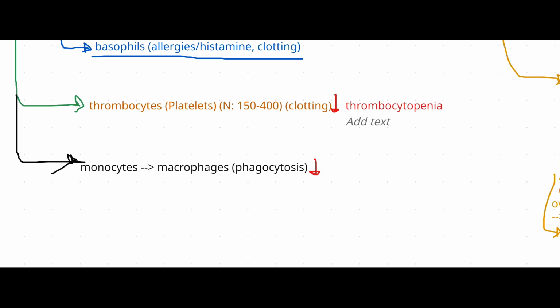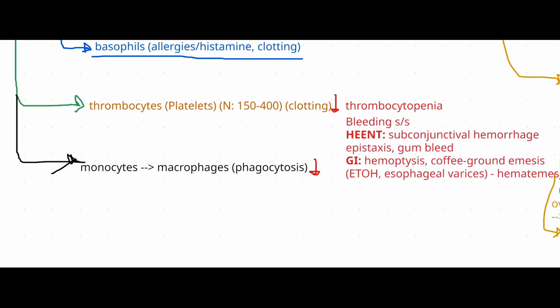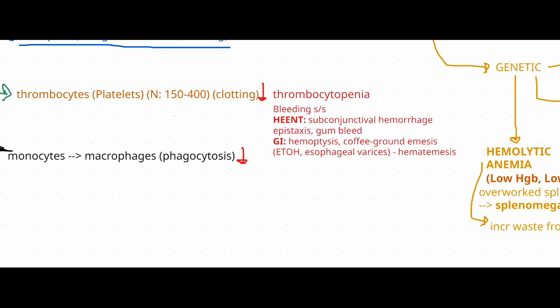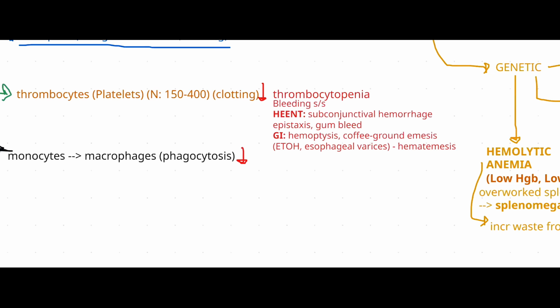In your ETOH population, or someone with esophageal varices, then we see hematemesis. So hematemesis is a lot more pronounced. It's bright red blood, right? And a large amount of blood, as opposed to coffee ground emesis. It looks like coffee ground because it's darker blood, but that tells you there's upper GI, okay?